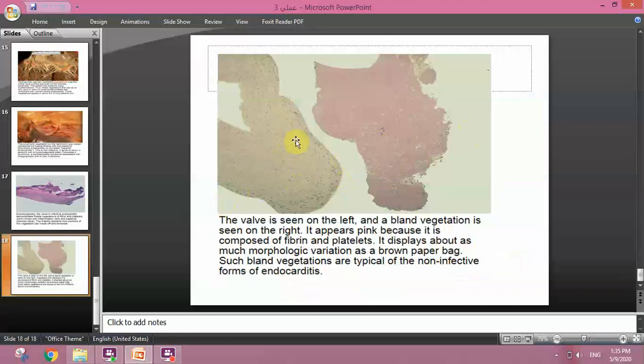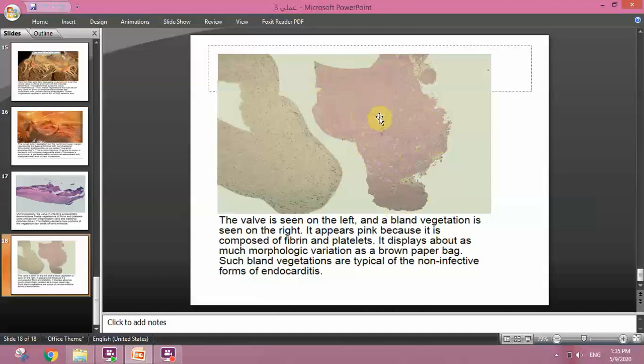This is the valve, and this is the vegetation, appearing light pink. It is an acellular mass with no bacteria, meaning no dark blue dots of bacterial colonies, and no inflammatory cells.